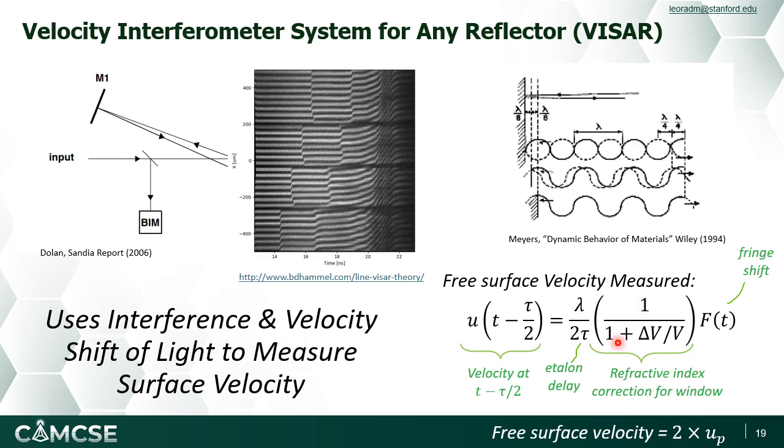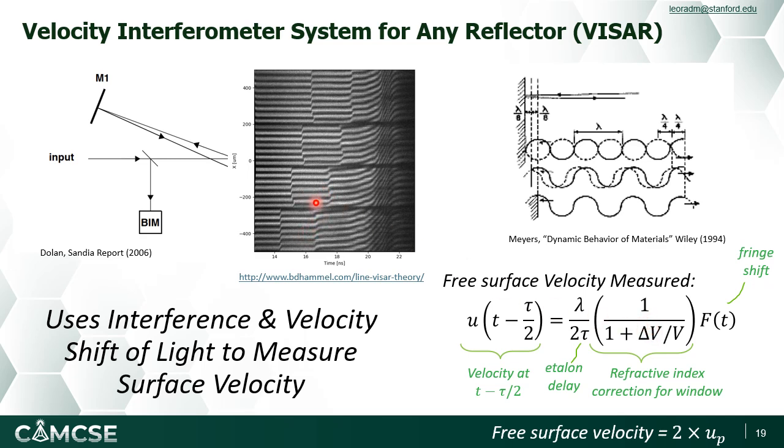And there are a few different correction terms that are required to account for things like a window that would be helpful in viewing the material but can change the refractive index decrement, and therefore must be considered for the interference fringes.